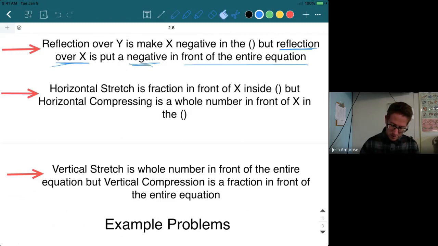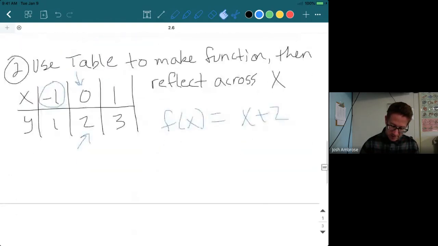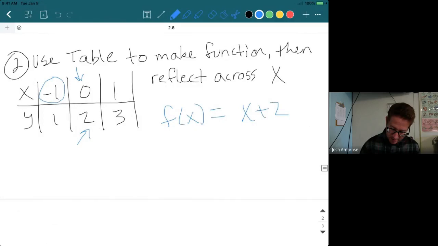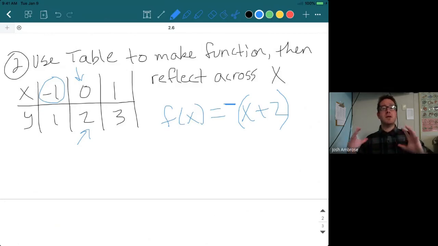And that must mean I have to put the entire equation into parentheses and then put a negative sign in front, because that means the whole equation is now affected by that negative sign. And that is it. That would be us creating a function.